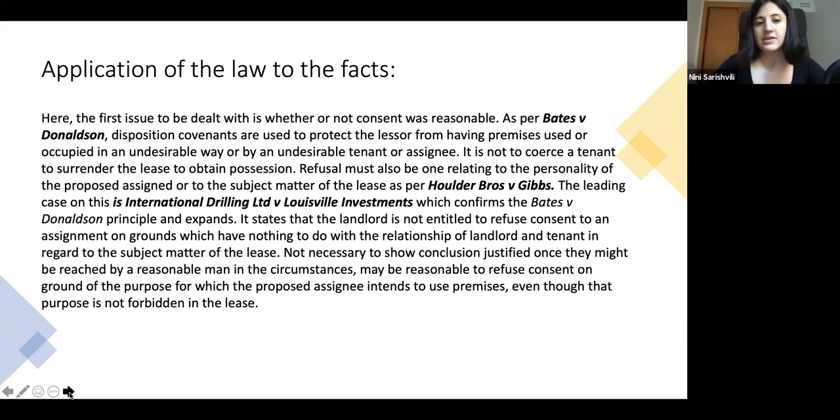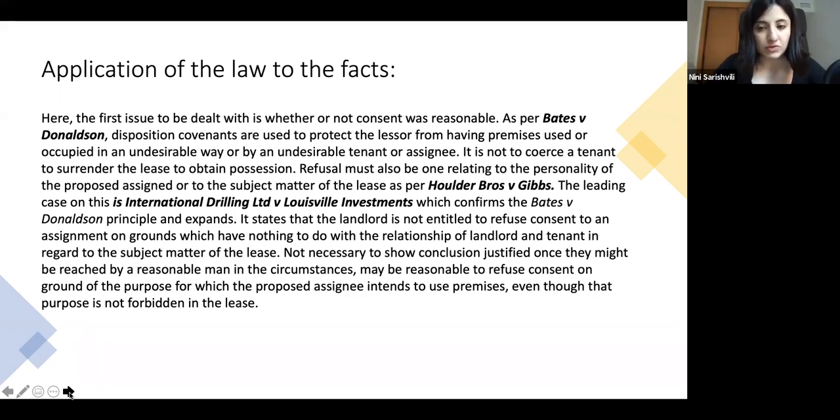The leading case is International Drilling, which confirms the Bates v Donaldson principle and expands on it. It states that the landlord is not entitled to refuse consent to an assignment on grounds which have nothing to do with the relationship of landlord and tenant in regard to the subject matter of the lease. It is not necessary to show the conclusion was justified, only that it might be reached by a reasonable man in the circumstances.